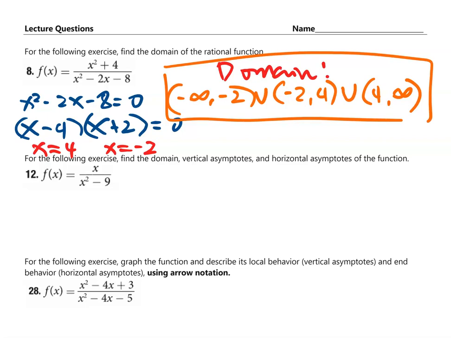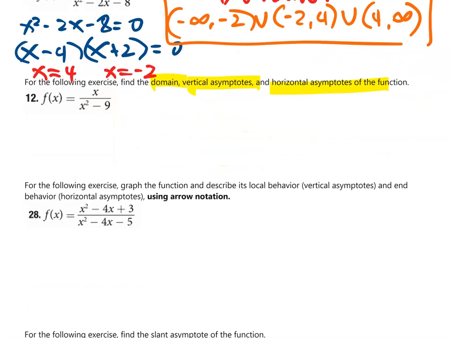Okay, 12. For the following exercise, find the domain, the vertical asymptotes, and the horizontal asymptotes of the given function. So number 12, f of x equals x over x squared minus 9. Just like what we did for the previous problem, set the denominator equal to 0.